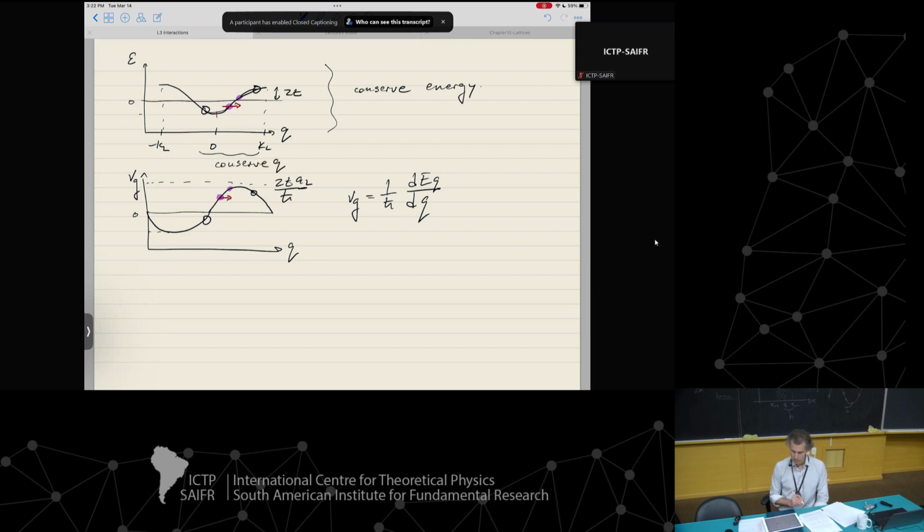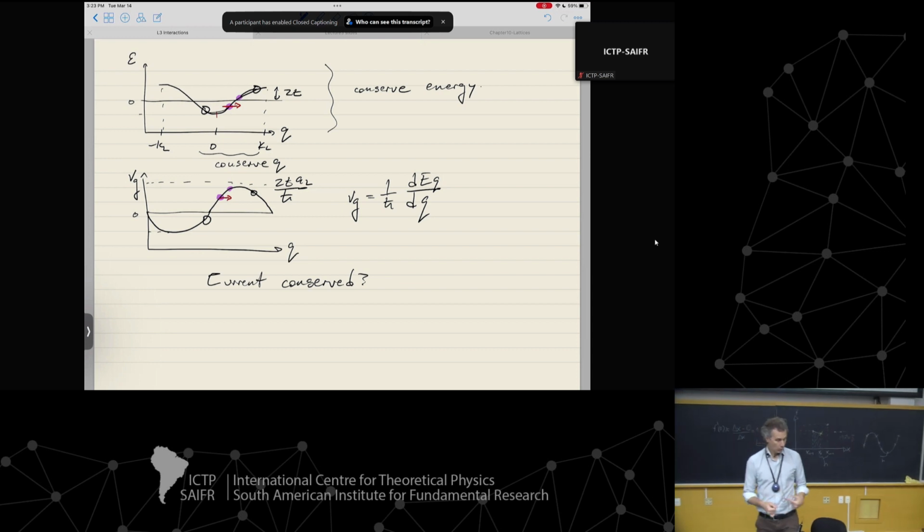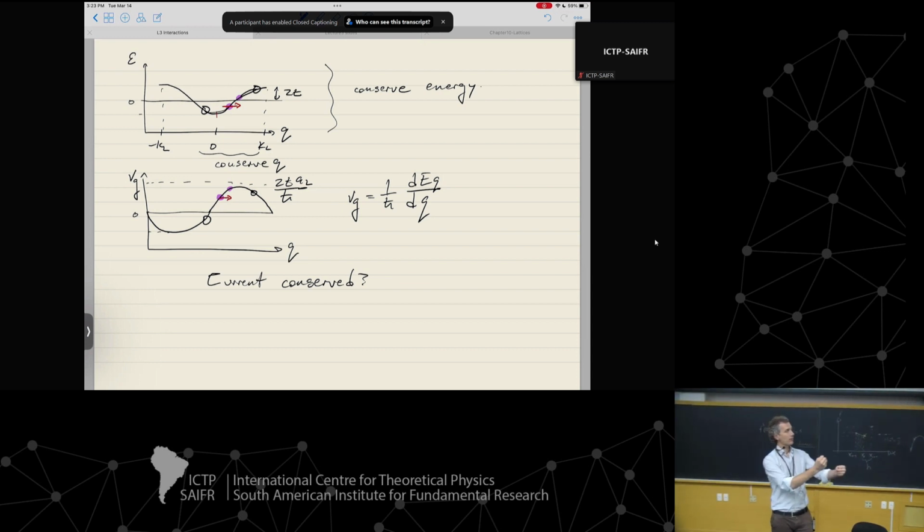In a collision, did we conserve current? Well, what I mean is these two particles both have a velocity, and so together they have a mass current. They're moving, they're transporting mass. And then they collide.